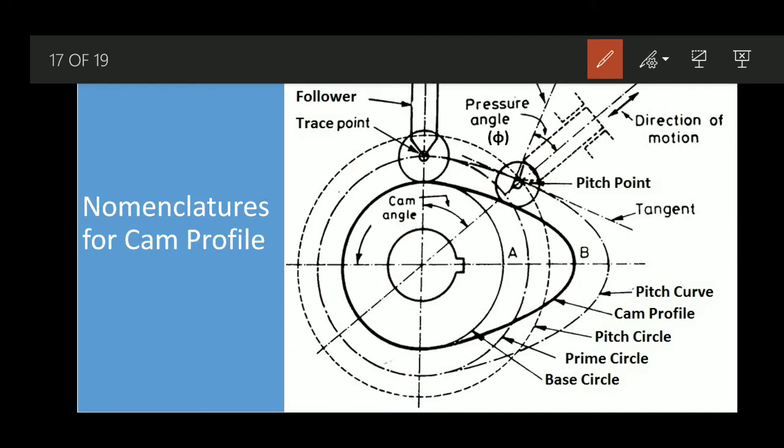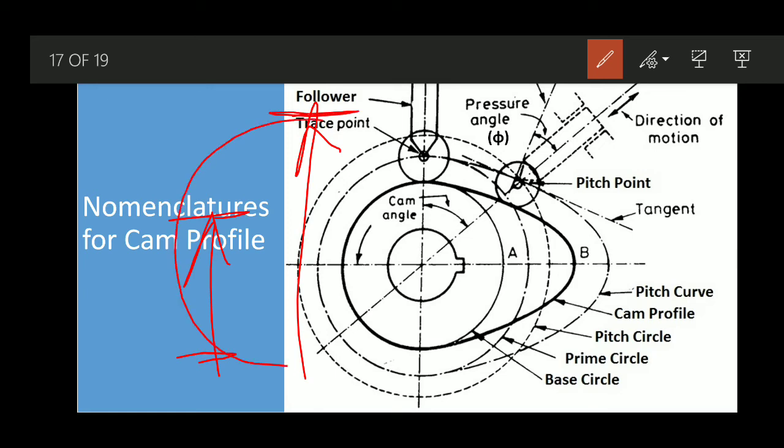Now, what is the angle of ascent? It is the angle of rotation of the cam from the position when the follower begins to rise till it reaches the highest position. For that to happen, the cam will have some angular displacement, so it will rotate through some angle.